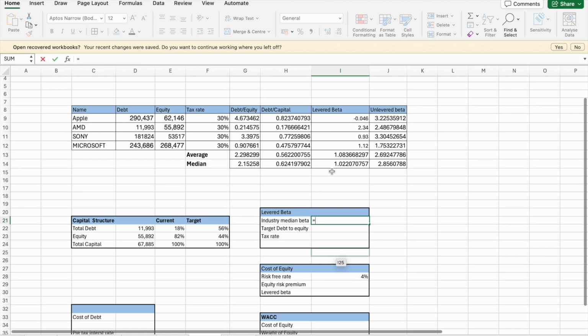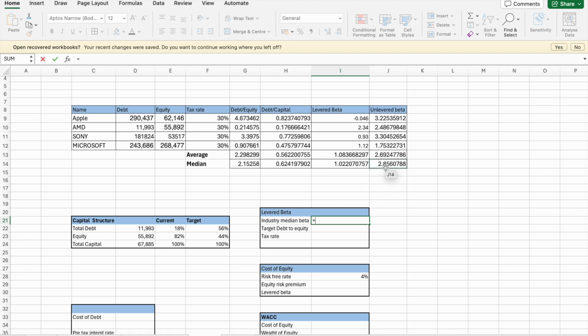So for the industry median beta, we need to get the levered beta. We got the industry median beta, the unlevered one, so we need to transfer it back to the levered one, to adjust the debt that we have.